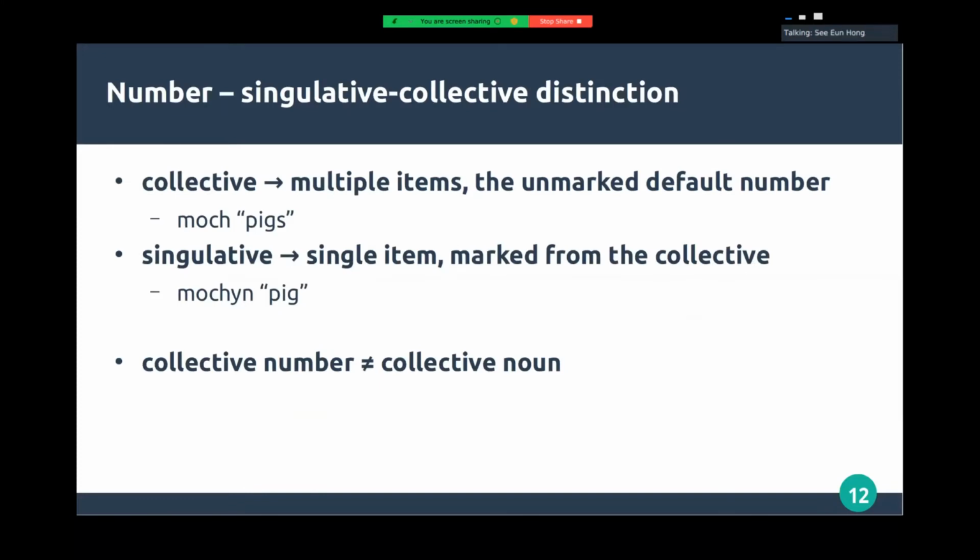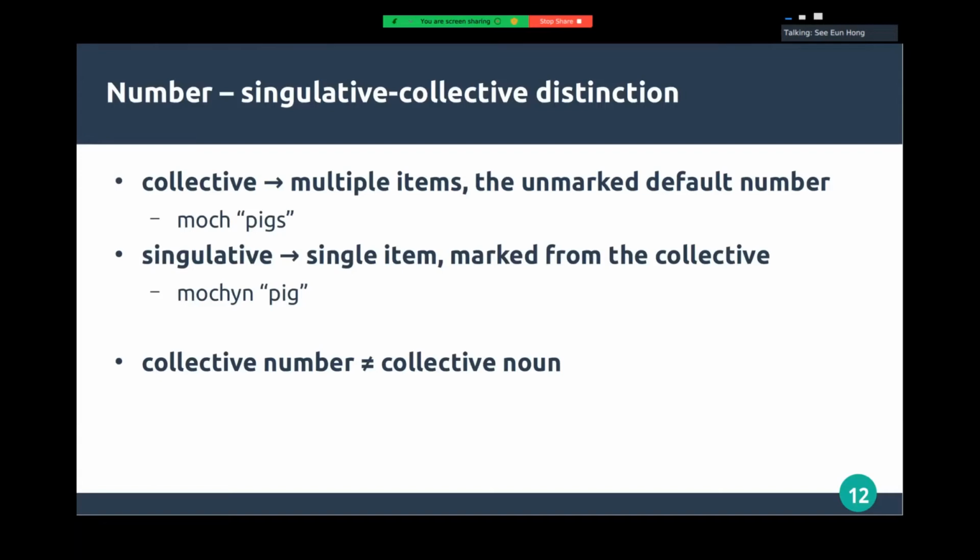The singulative-collective distinction is the opposite of the singular-plural distinction. As far as I know, there is no language that has the singulative-collective distinction alone. So this could be supplementary to the singular-plural distinction. A language might have the singular-plural distinction, but for some words, it might have the singulative-collective distinction. And in this distinction, the multiple is the default number.